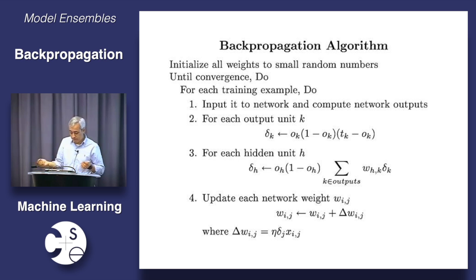And then finally I add this up for the examples, and I do my update. In incremental mode, I just do the update right after each example. In batch mode, I sum this up for all the examples, I have a big delta weight, and then I do all the weight updates at once. And that's backprop for you. Questions?